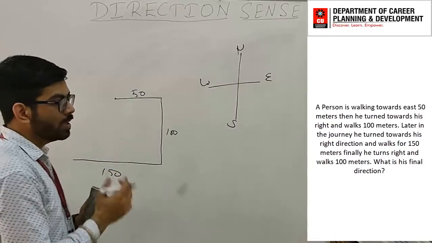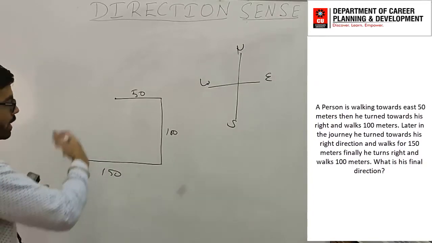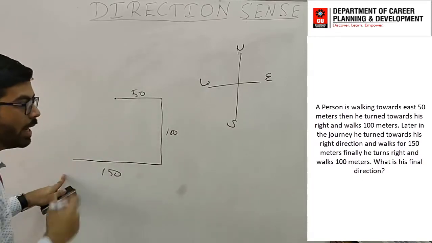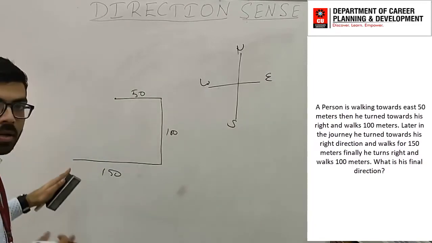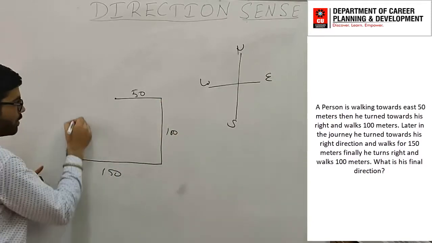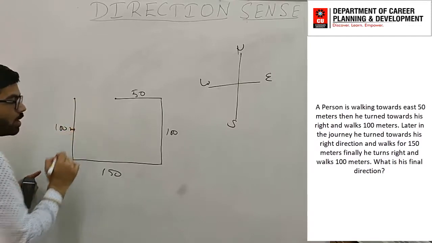Now the next line is, then again finally he turned his right. So the right side of this person will be the north side, and he walked 100 meters. So 100 meters will be equal to this line, up to this point. This is your 100 meters.